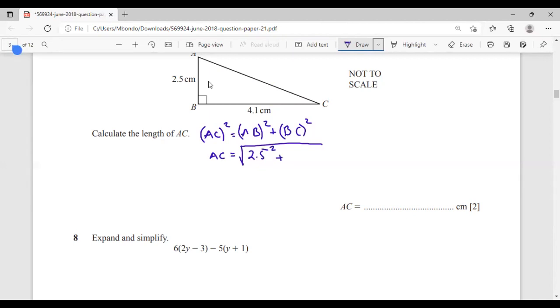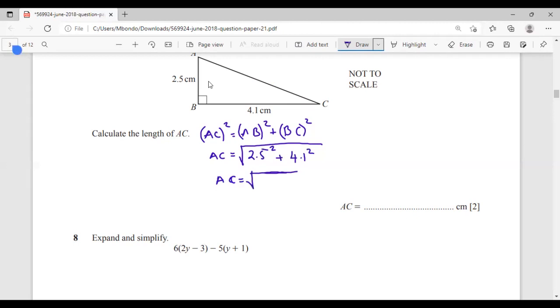What is our BC? BC is 4.1, yeah? So we have 4.1 squared. All right, then we work out what is in the brackets and see what we're going to get there.